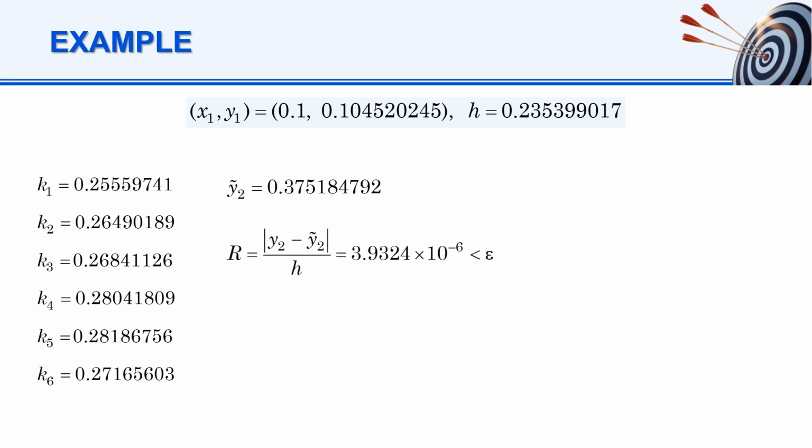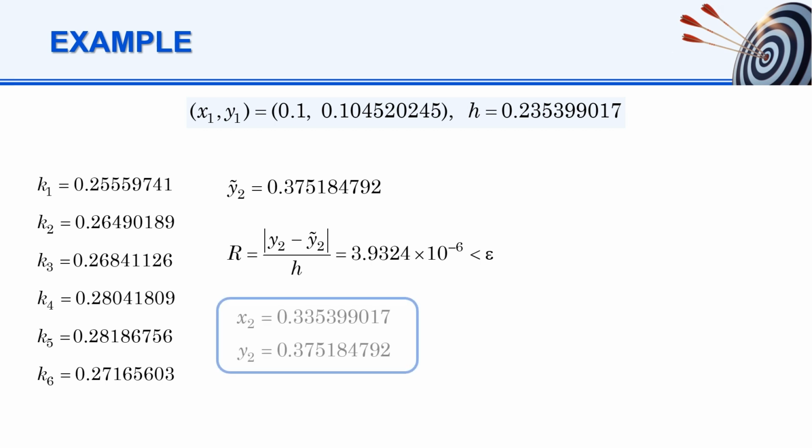The R value is computed as 3.9324 times 10 to the minus 6. Since this value is smaller than the tolerance value, the RK4 estimate is accepted as the second step estimate.